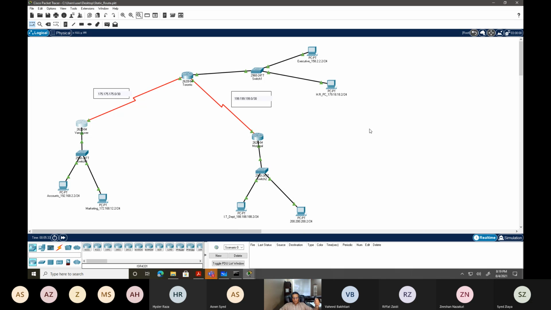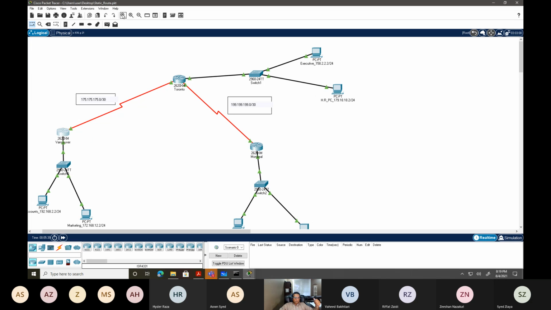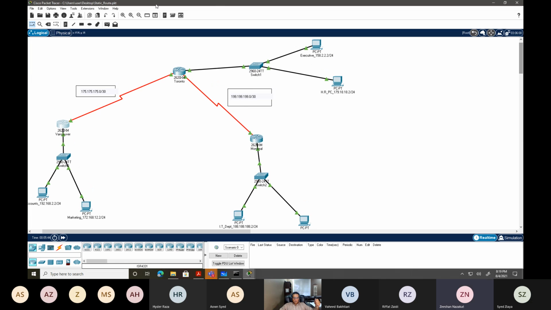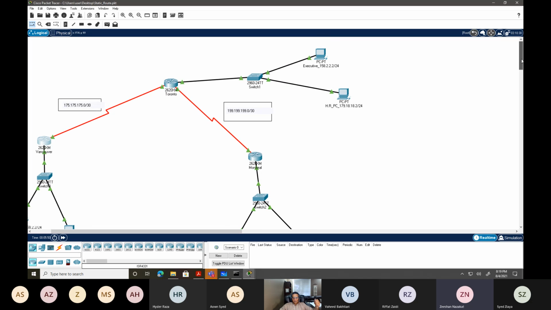As I said, it's so small, I cannot see exactly what's written. Can you see now? No? Yes, now it's better than before. Can you open the magnifier?